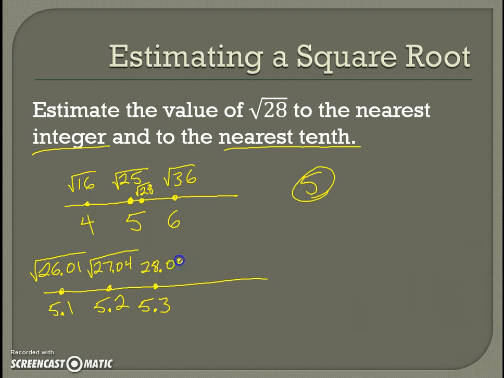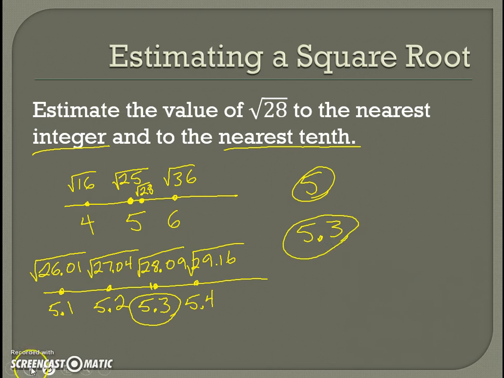Kind of running out of room there on my number line. But you're looking for the one that's the closest to radical 28. Well, clearly this one is very, very close to radical 28. It's going to be somewhere right in this area on the number line. So if I'm looking for the nearest tenth, it has to be the 5.3, or 5 3/10. So rounded to the nearest tenth is that one.